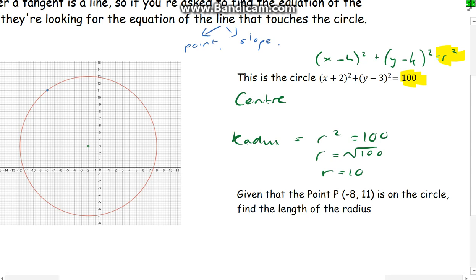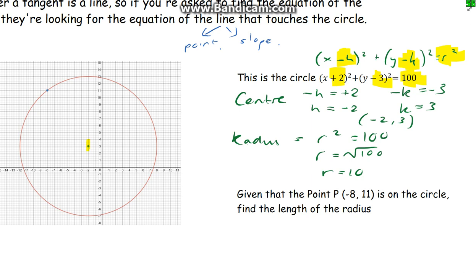But for the centre, we have to look at the minus h is equal to plus 2. So if minus h is equal to plus 2, then h is equal to minus 2. And if minus k is equal to minus 3, k is equal to 3. And we know our centre point is (h, k), so it's going to be (-2, 3). If we look over here in the graph, that is the case, (-2, 3).